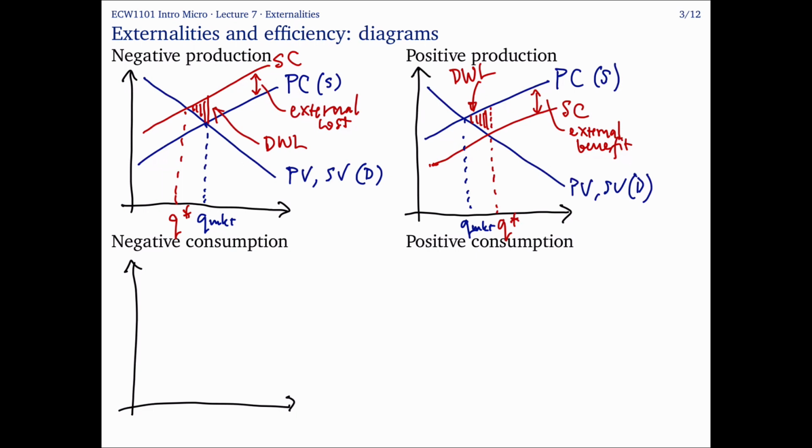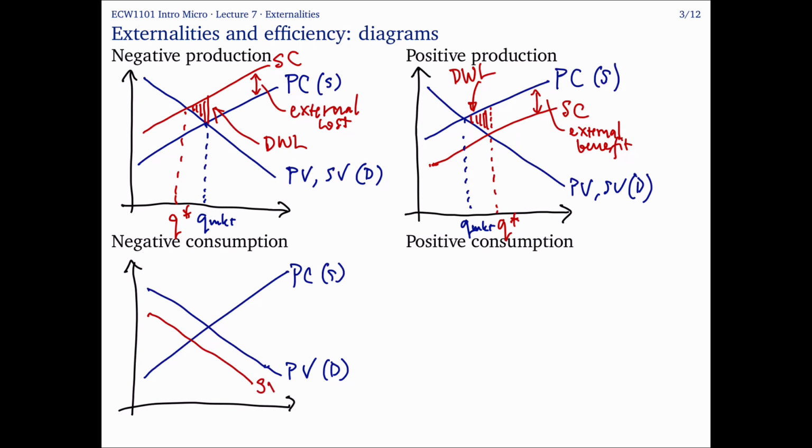So for consumption externalities, now the difference is on the value side. Here we have private costs, which is supply. Then we have private values, which is demand, but we have this social value, which is lower. The difference between these two is the external cost.